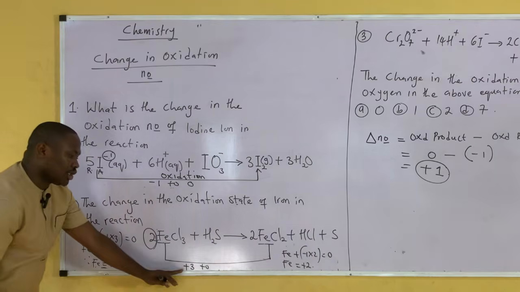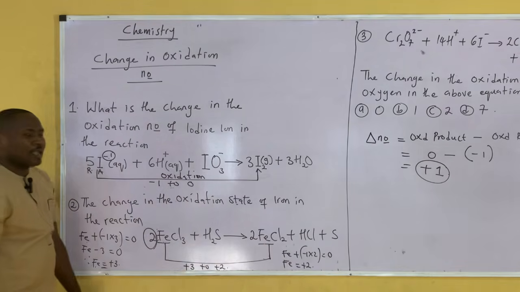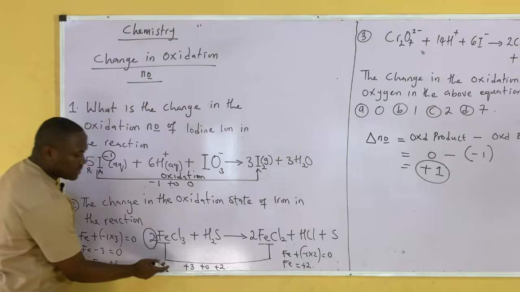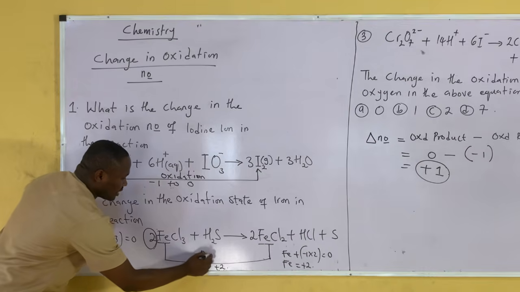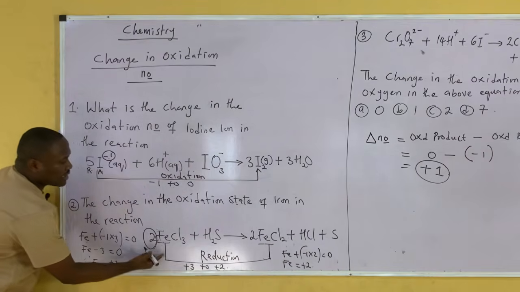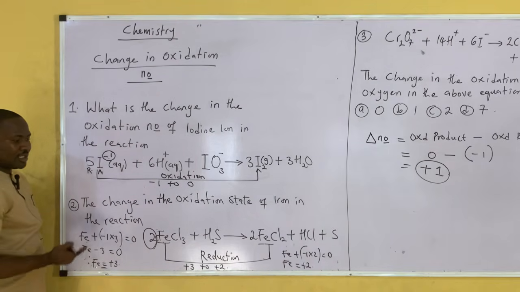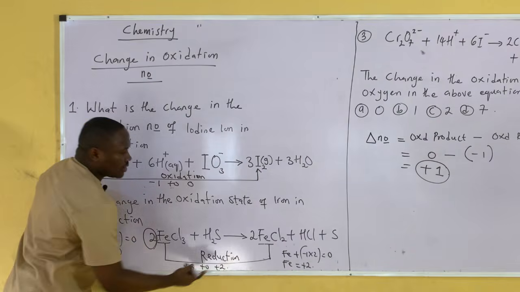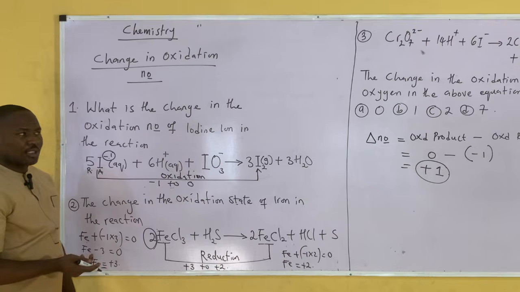So iron is changing from +3 to +2. That's what iron is changing from. So if you look at this, it's already decreasing, so it's a reduction reaction. This is reduction. Remember, the substance undergoing reduction is an oxidizing agent, while the one undergoing oxidation is a reducing agent.